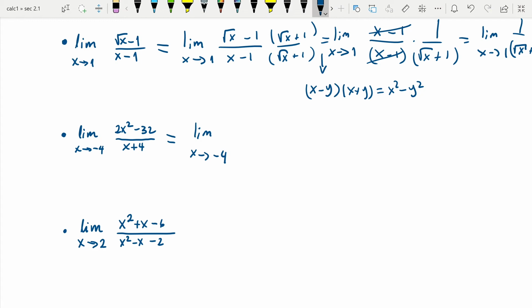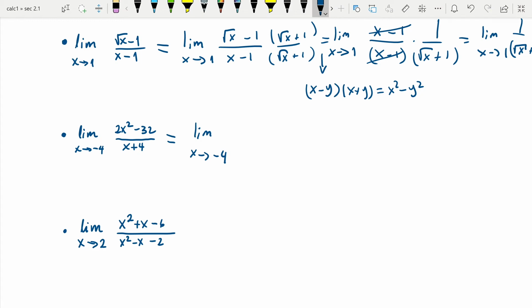But also when you plug it into the numerator, because minus 4 squared is 16, and 16 times 2 is 32, the numerator becomes 0 as well, so it's not defined.